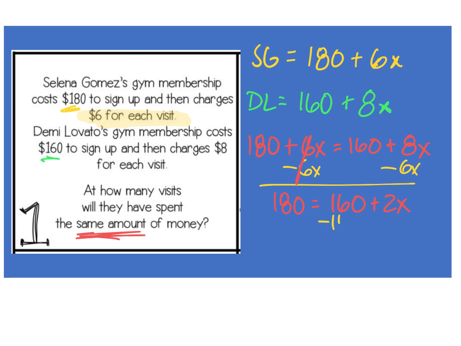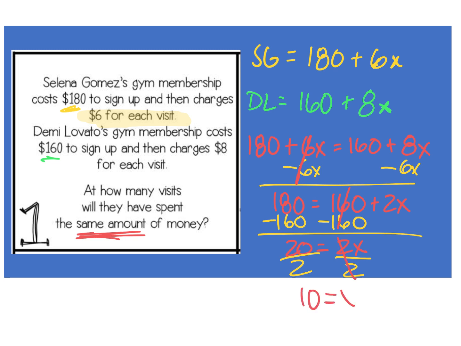Then I'm going to move my 160, so I undo a positive 160 by subtracting it. So I get 20 is equal to 2x. Divide both sides by 2. And I got x was equal to 10.